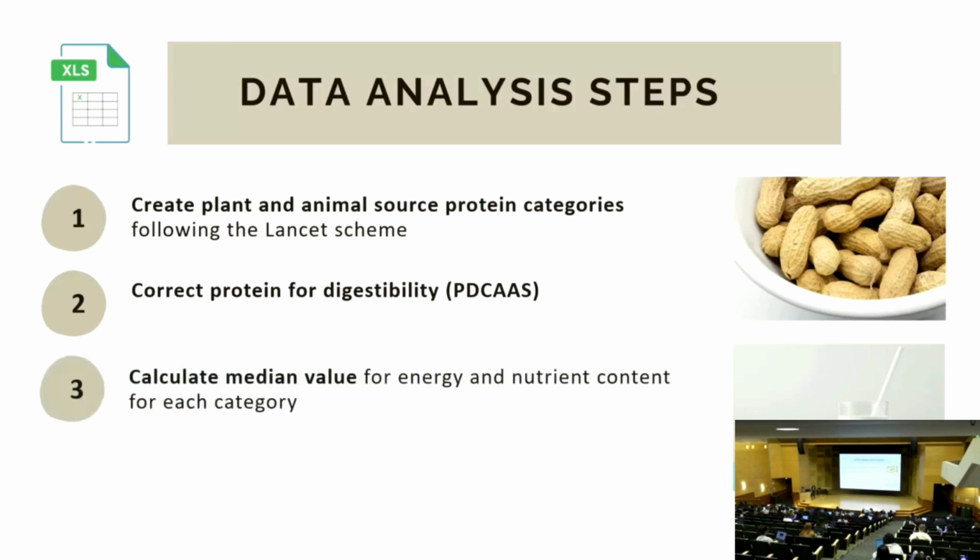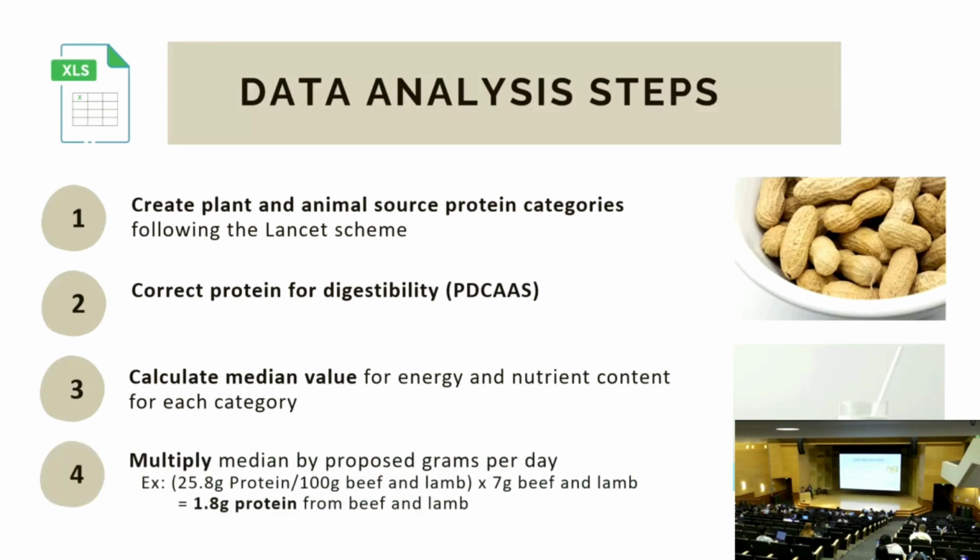Then from there, I took the median value from the group for each nutrient, for each category, and multiplied those medians by the number of grams per day that was allotted in the Eat Lancet Planetary Health Diet. So for example, the database says there's 25.8 grams of protein per 100 grams of beef and lamb.